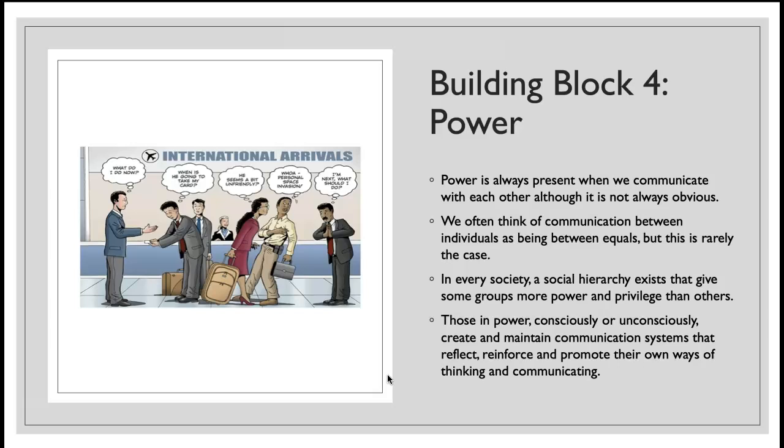And it is very important to understand that power is always present when we communicate with each other, although it is not always obvious. We often think of communication between individuals as being between equals, but this is rarely the case, right? It seems like it is ingrained in us to know that we're all equals, and that's true, but at the same time, for instance, you're going to school, you're getting a ride from your friend.